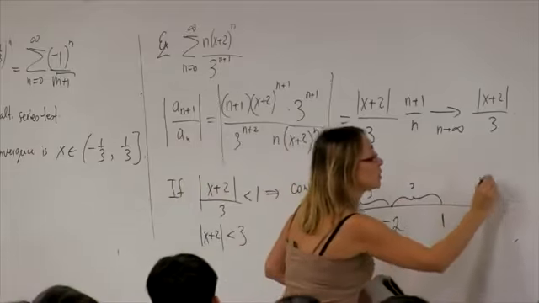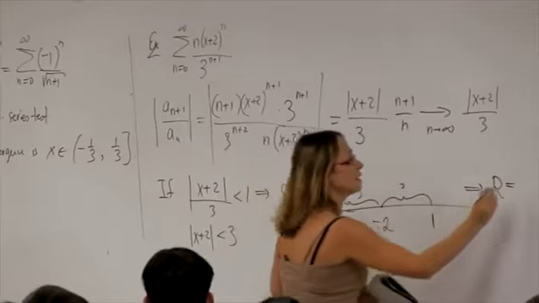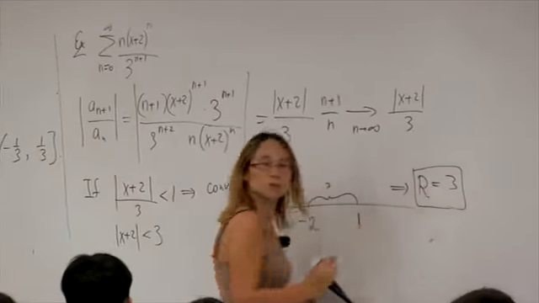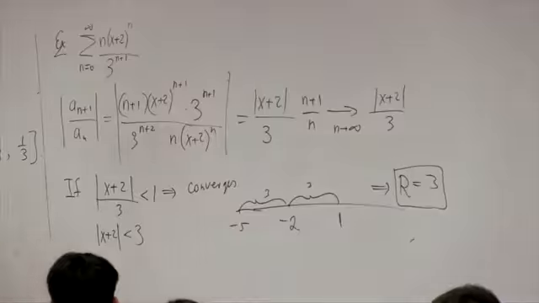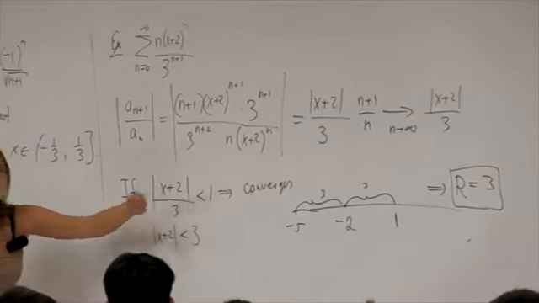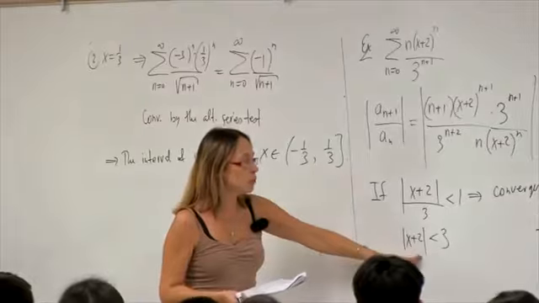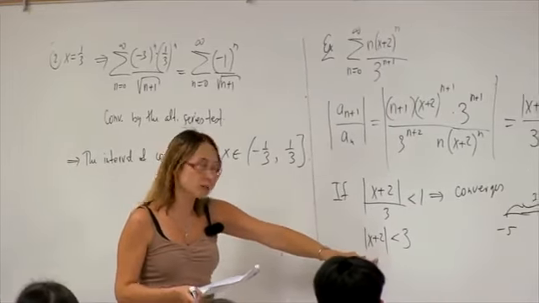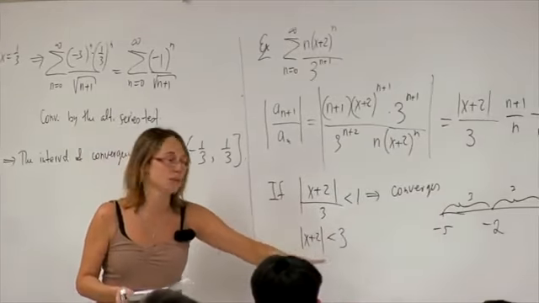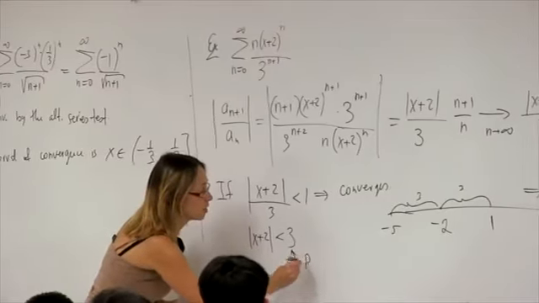So the radius of convergence of this is 3. When I have an expression like this, it's only one step away from expressing it in terms of r. I just have to manipulate it to make it look like the distance between x and some number is less than something. So this actually is r.